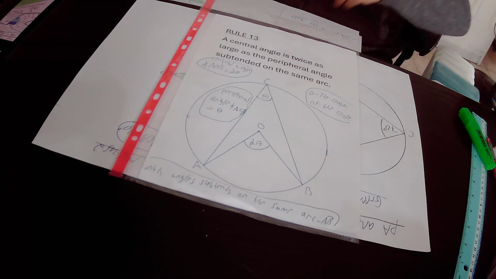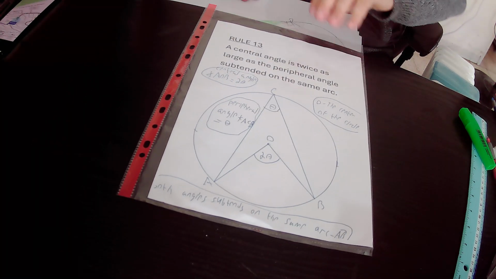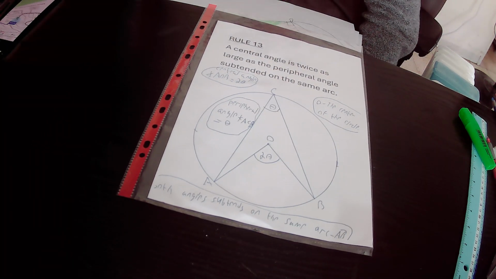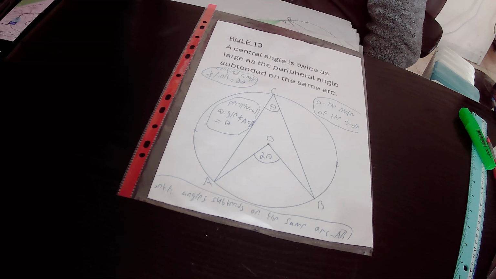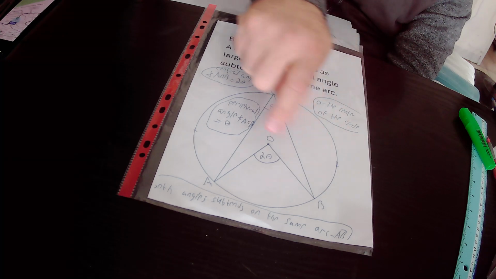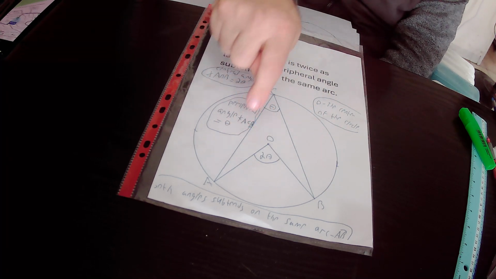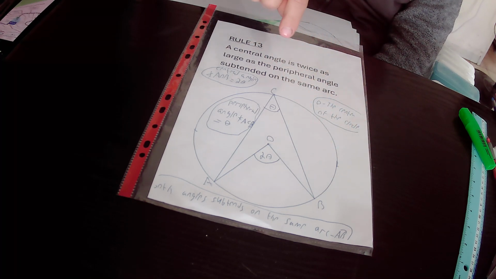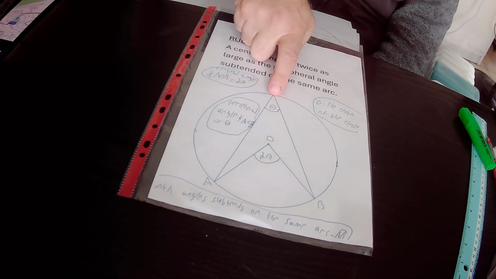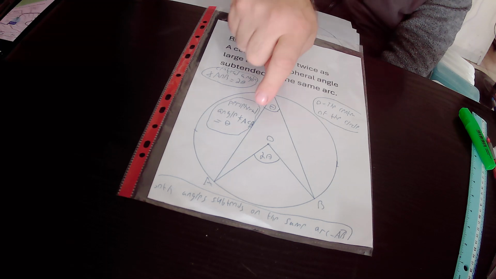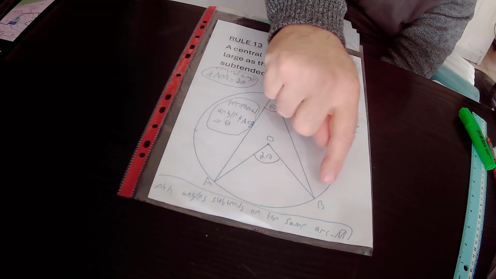According to rule 13, a central angle is twice as large as the peripheral angle subtended on the same arc. So in the drawing we have a circle. Inside this circle we have peripheral angle ACB that is equal to theta degrees in size, and is subtended on this arc AKB.